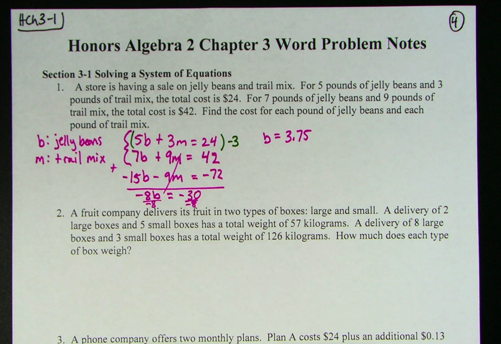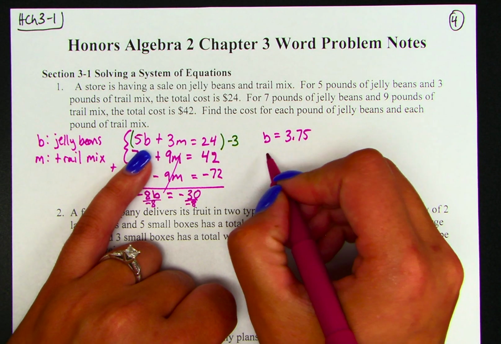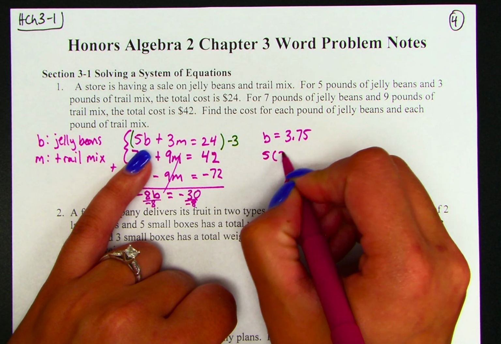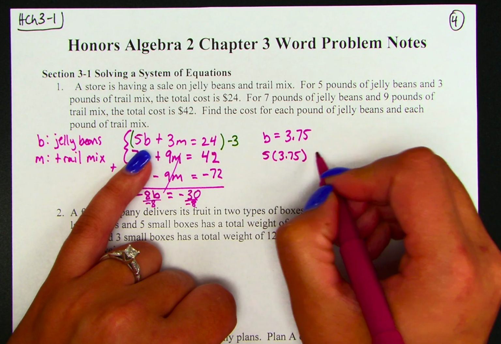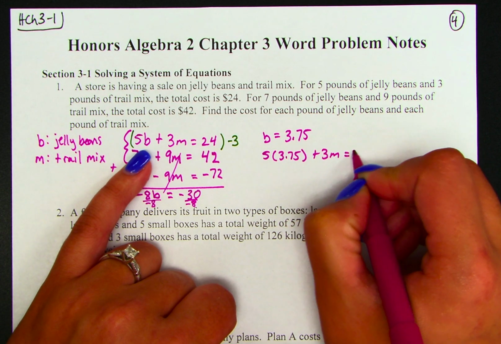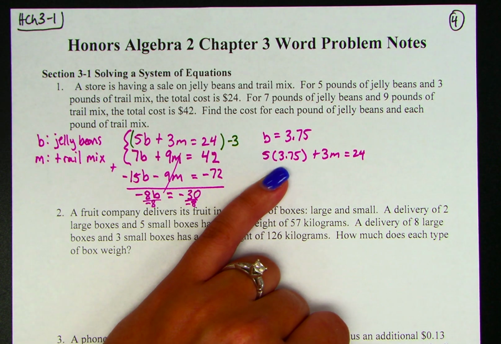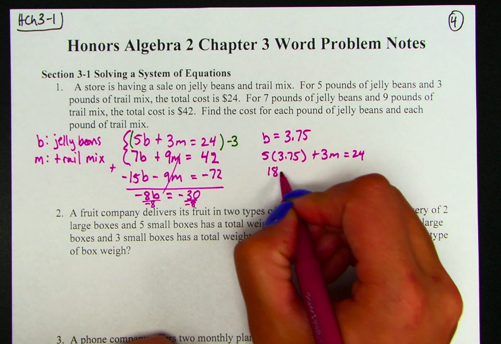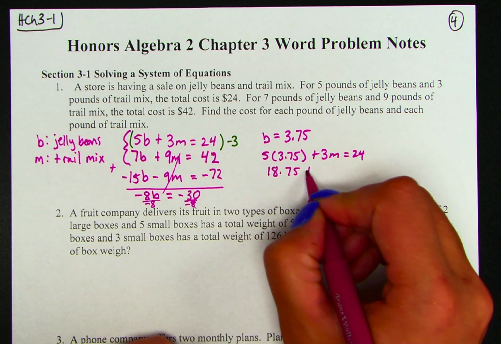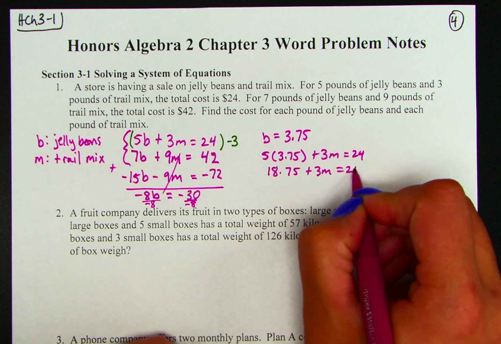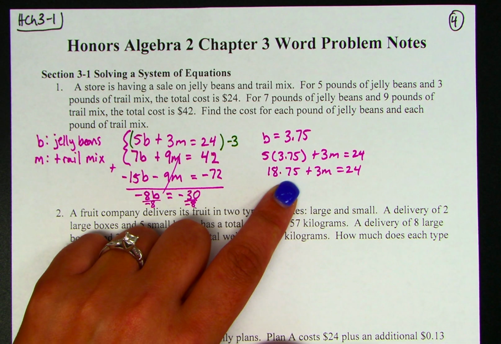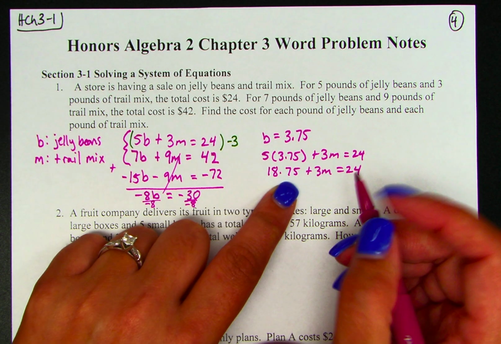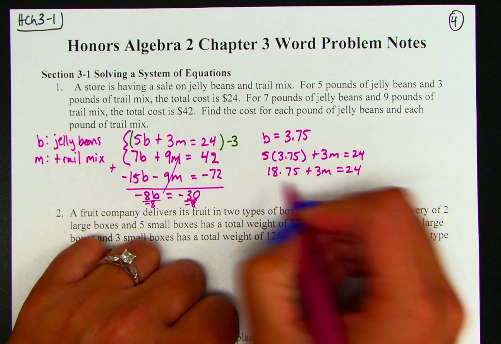And now that I have b, I'm going to pick one of the equations and substitute it in to find the other. So I'm just going to use this top equation. So 5 times 3.75 plus 3m equals 24. So if I multiply 5 times 3.75, that is 18.75. And then I'm going to need to subtract that over from the 24.